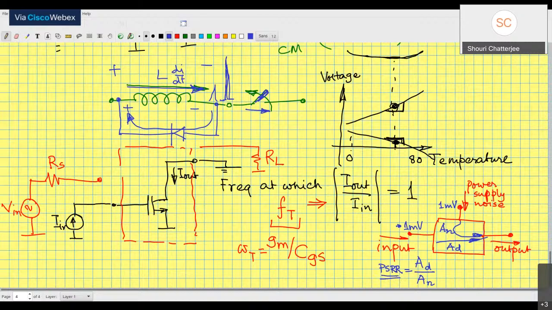So PSRR for any circuit is basically the voltage gain from input to the output divided by the voltage gain from power supply to the output, small signal. The source of this noise can be many different things. It can be ripple, right? Maybe the power supply is being generated by a DC to DC converter. That will have some ripple.